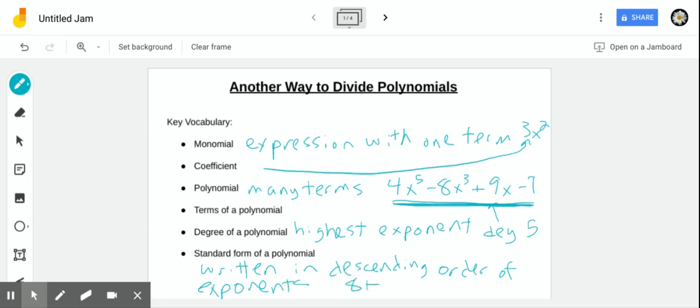This polynomial, 8 plus x squared minus x, is not written in standard form. Okay, so you'd have to rearrange it. So those are just some vocabulary things that we're going to be talking through. One other one that we might mention is leading coefficient. Leading coefficient would be this first number here when it's written in standard form.